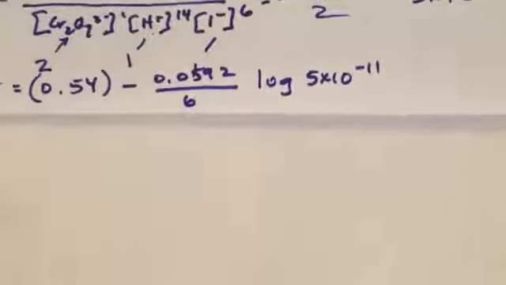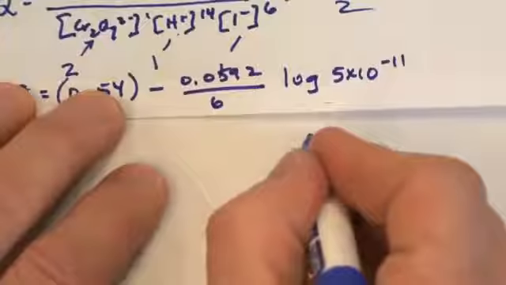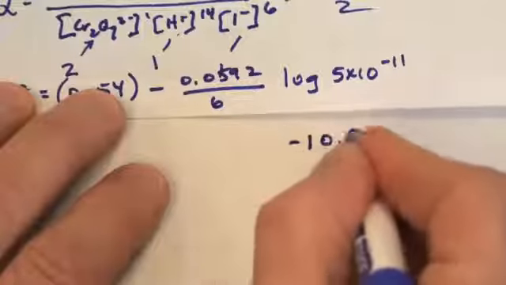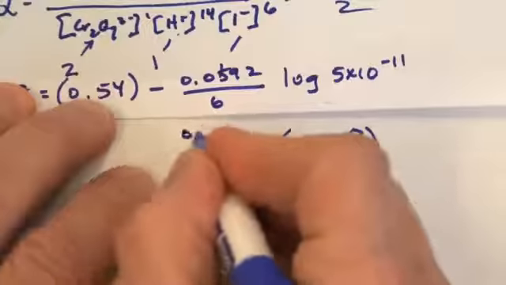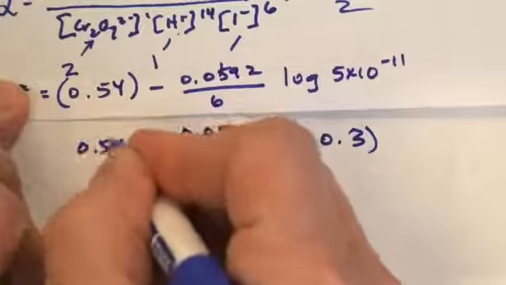But that's the number of electrons transferred. Now if I'm solving this equation, I'll end up taking the log of 5 times 10 to the negative 11th, which turns out to be negative 10.3, and then multiply that by 0.0592 divided by 6 and subtract it from 0.54.